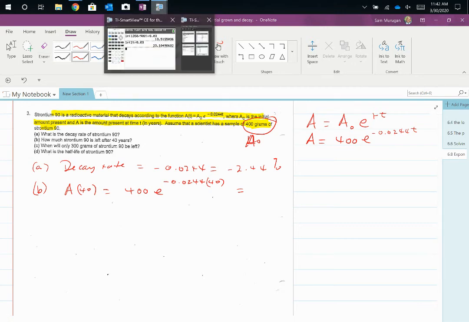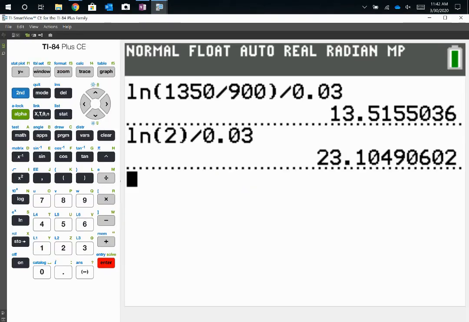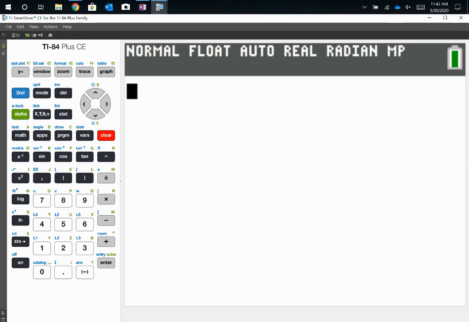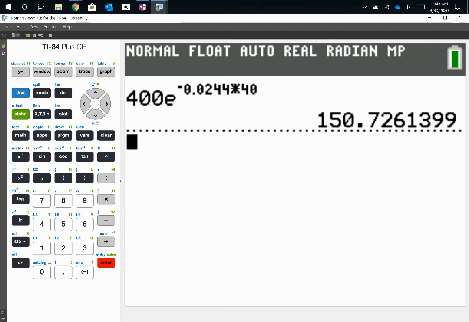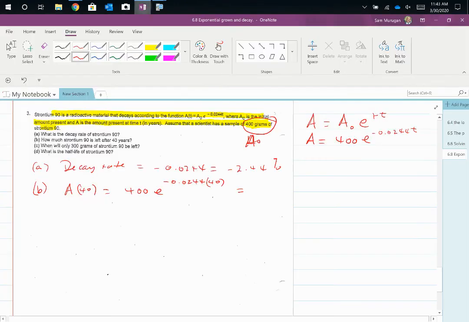So let's put this in our calculator. 400 e to the power negative 0.0244 times 40 years. And we can see that it's approximately 151 grams.